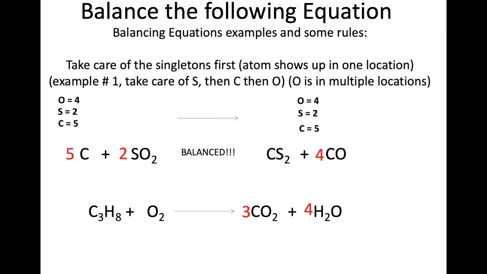So I have 4 oxygens for H2O, and 3 times 2 oxygens, I have 6 oxygens there, which means I'm going to check if I'm balanced. I have 10 oxygens in the products. If I change my O2 on the reactant side, the left side, I will also have 10 oxygens, which helps me completely balance out my equation.